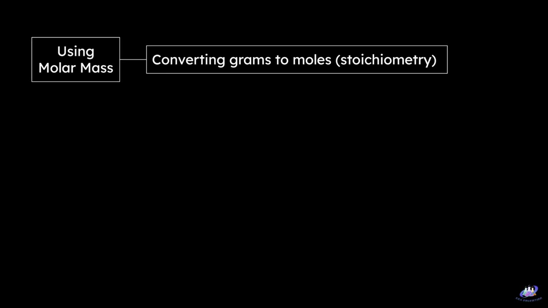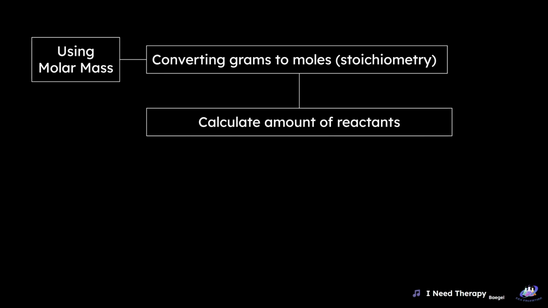The scenario that I just presented is probably the most common time you're going to be using molar mass this year in chemistry, whenever you're attempting to convert grams to moles, as we use the molar mass of the substance as the conversion factor. When would we need to convert grams to moles?